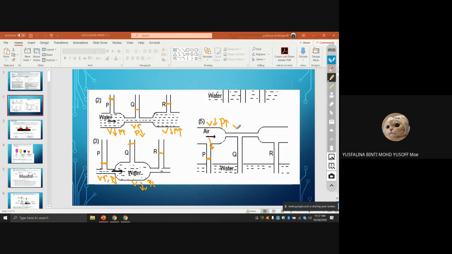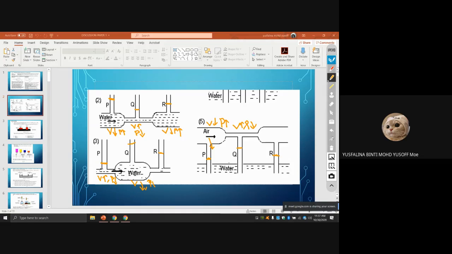And then the velocity here is higher and the pressure is lower, so the water can rise up. So this one is the highest, and this one will be in the middle between P and Q. So that's how you answer for number 2, 3, and 5.